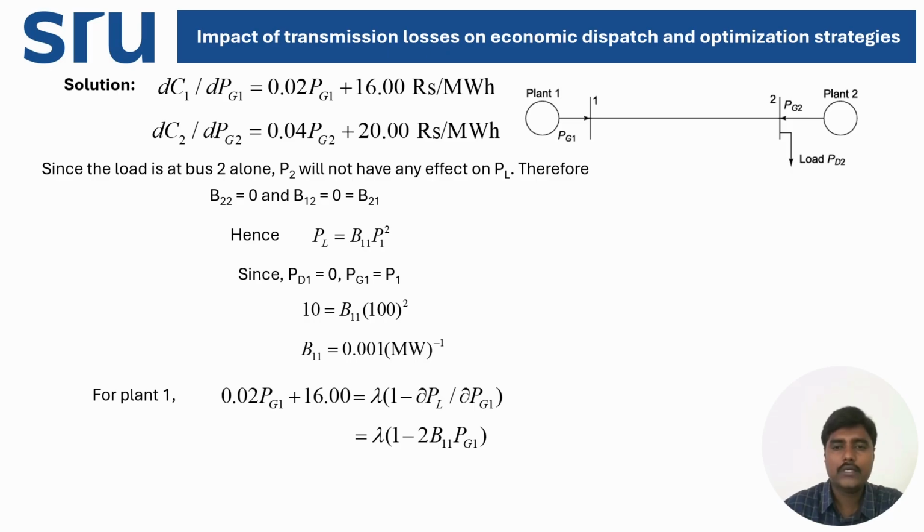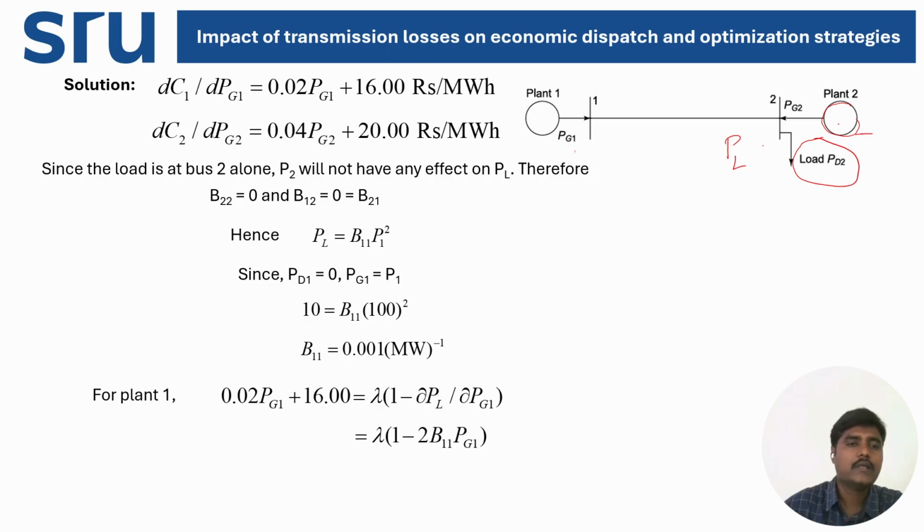As you can observe here in the given figure, the complete load is connected at only plant 2 and it is not available at plant 1. So the power produced by plant 2 will not have any effect on transmission losses PL.